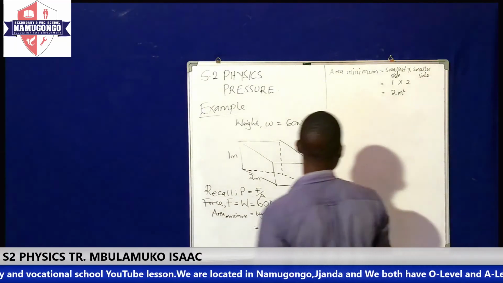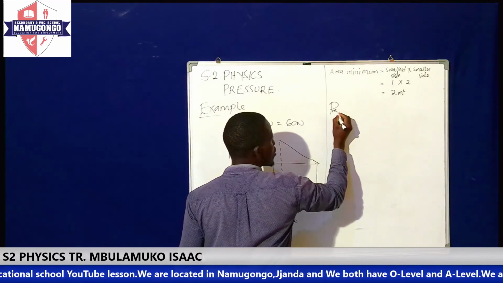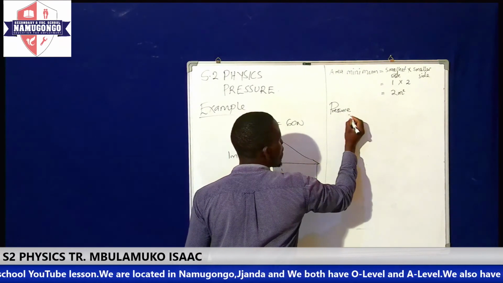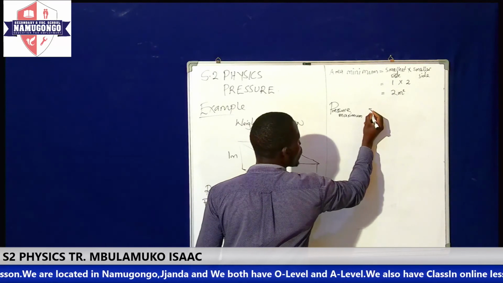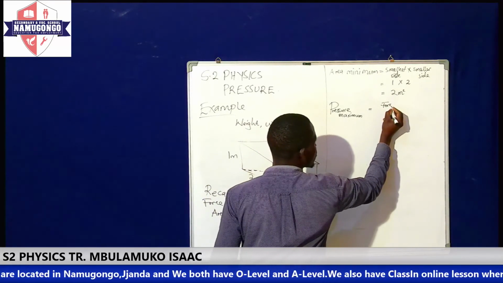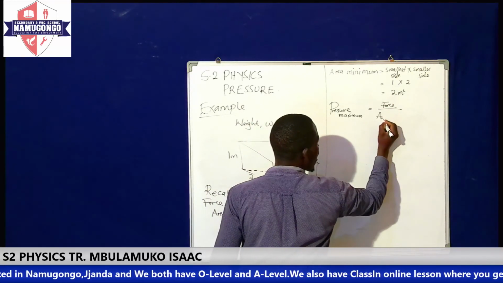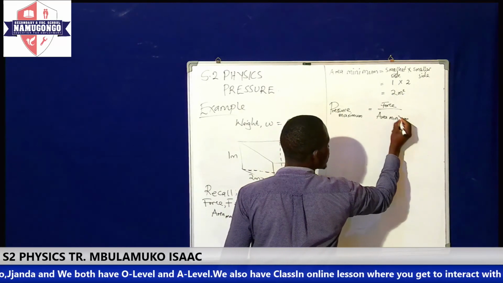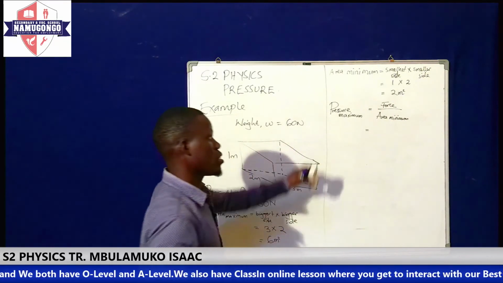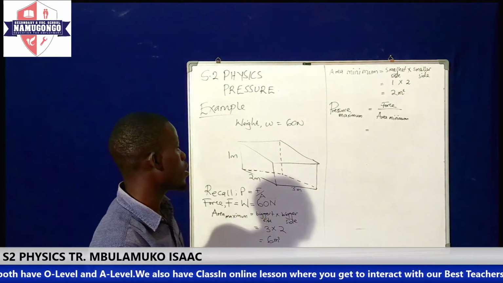So what did we say? For pressure maximum, we need the force divided by area minimum. We have these things now because we've firstly worked them out.